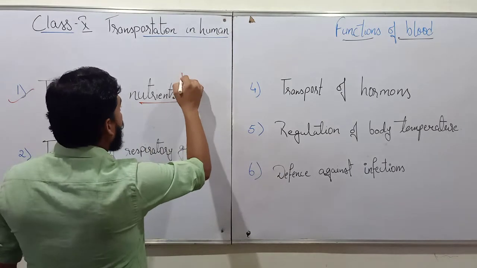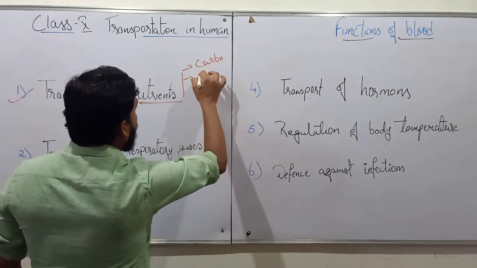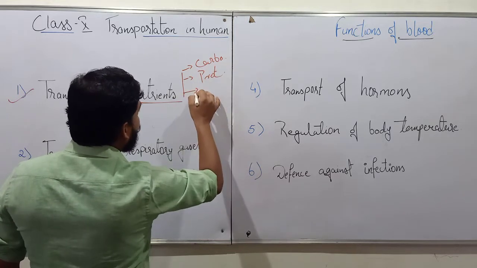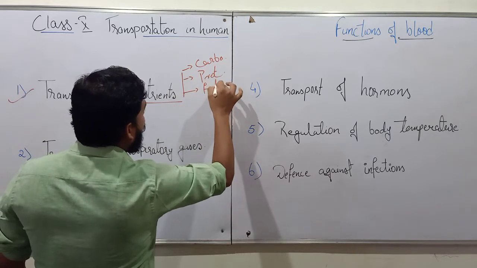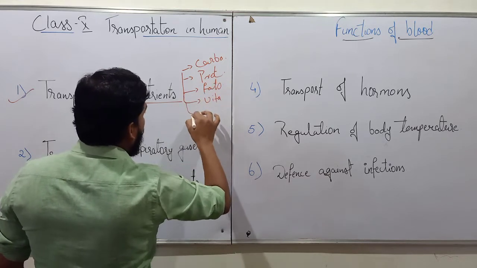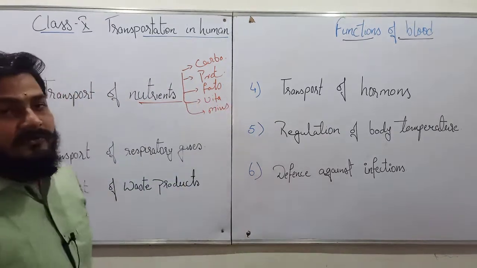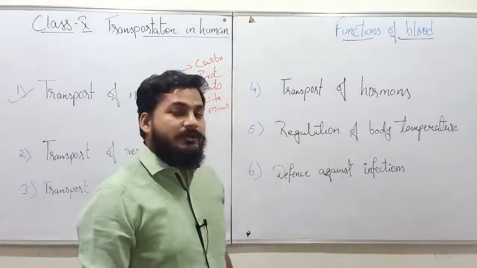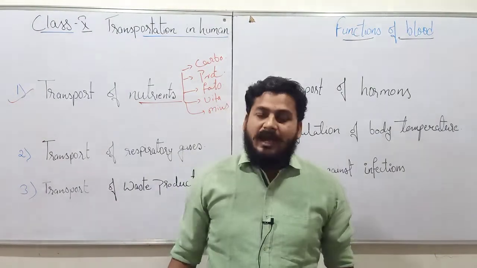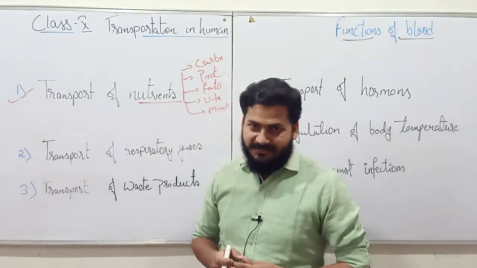We talked about carbohydrates, proteins, fats, vitamins and minerals. These were the 5 nutrients which we humans take, and these are generated after the process of digestion.